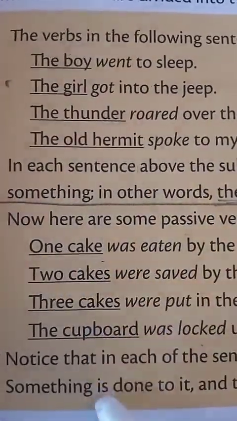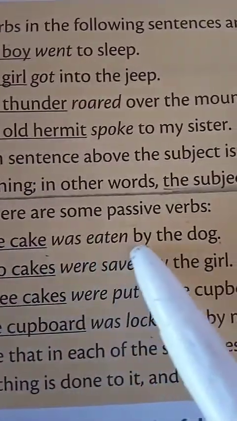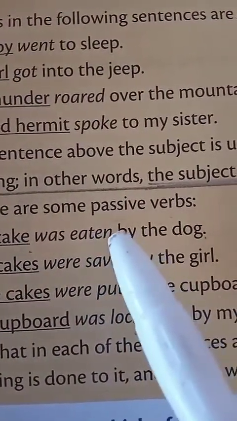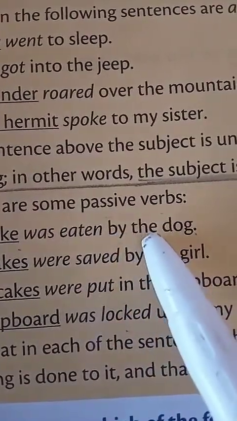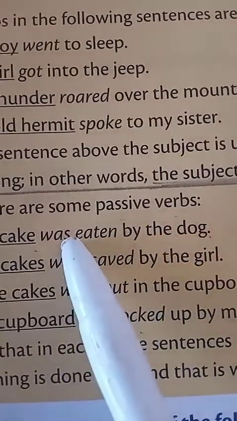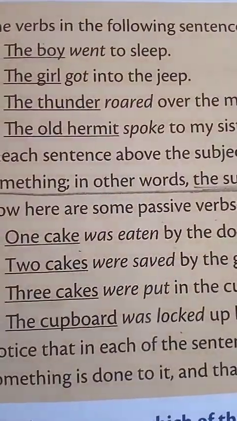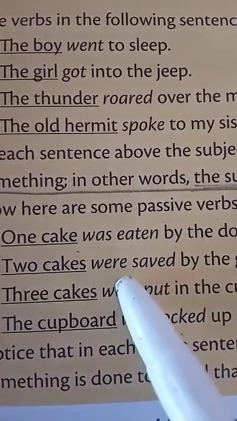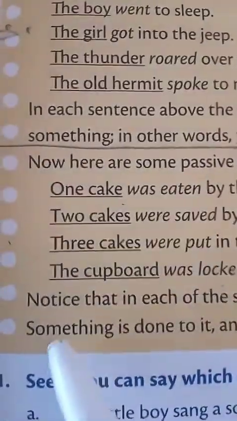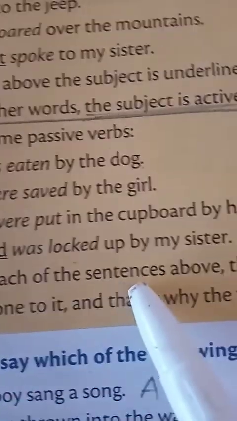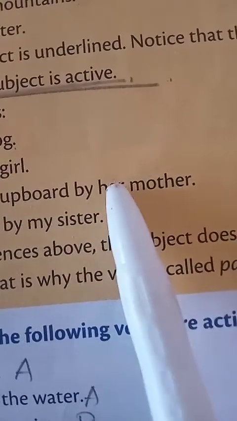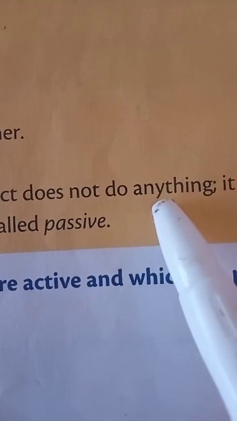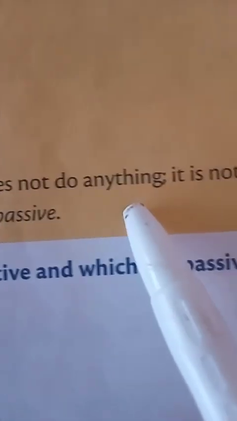See the sentence properly. The cake was eaten by the dog. Eaten, this is the third form, with the doer, the subject, at the last. This is the identification of the passive verb or passive voice. Okay. Now notice that in each of the sentences above, the subject does not do anything. Here the subject is not doing much.